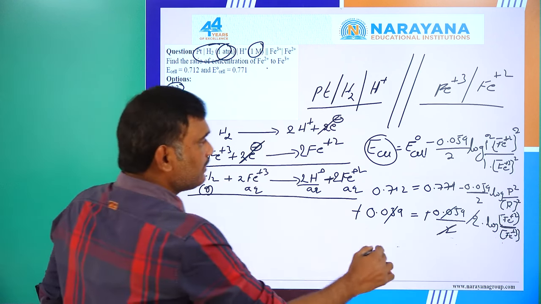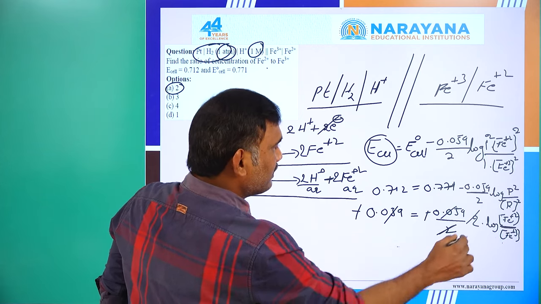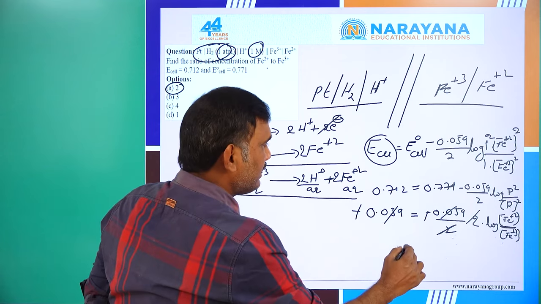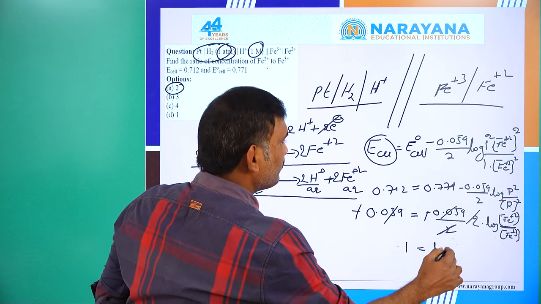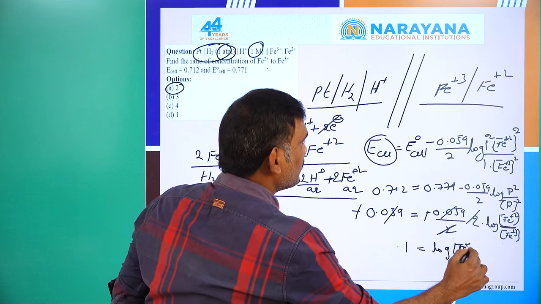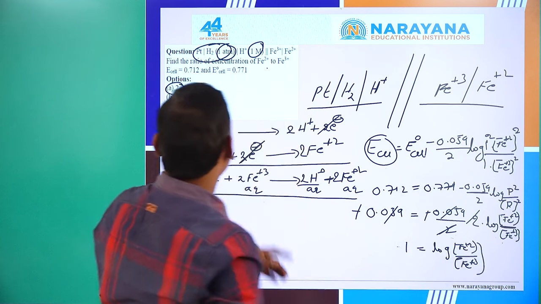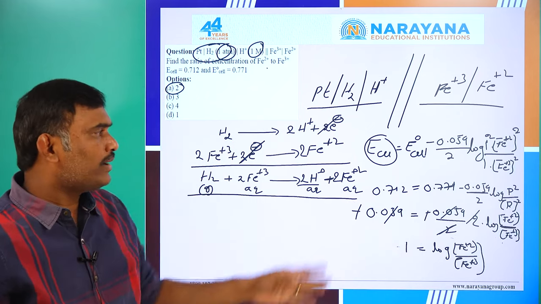Yes students, minus and minus cancel, and the 2s cancel, so we get log of Fe +2 concentration by Fe +3 concentration. The total value becomes log 1.